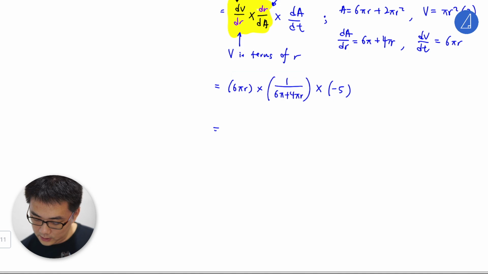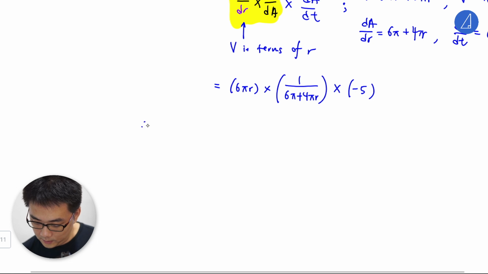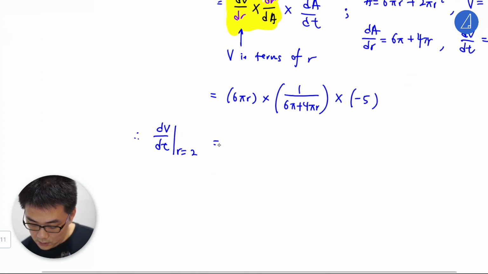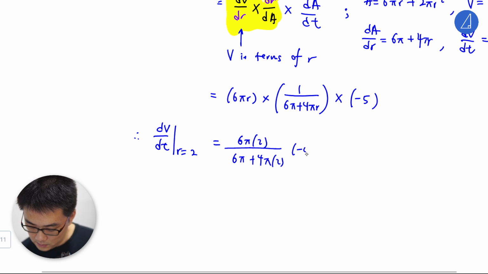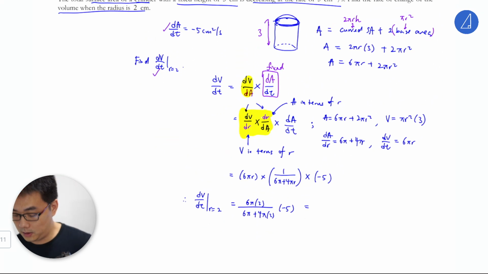So then you just substitute the value. You want radius as 2, so you only set the boundary condition at the end. So r equals 2.